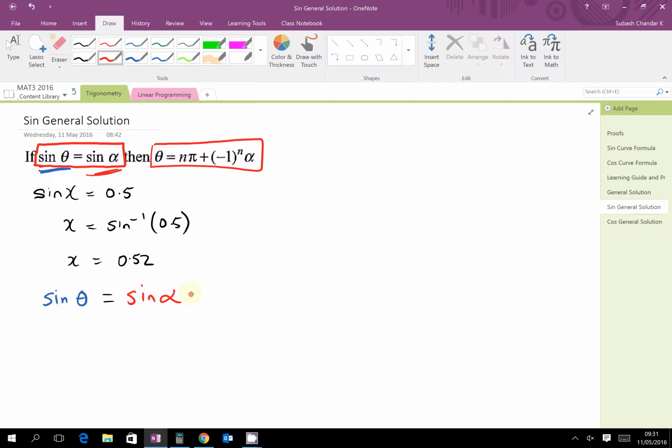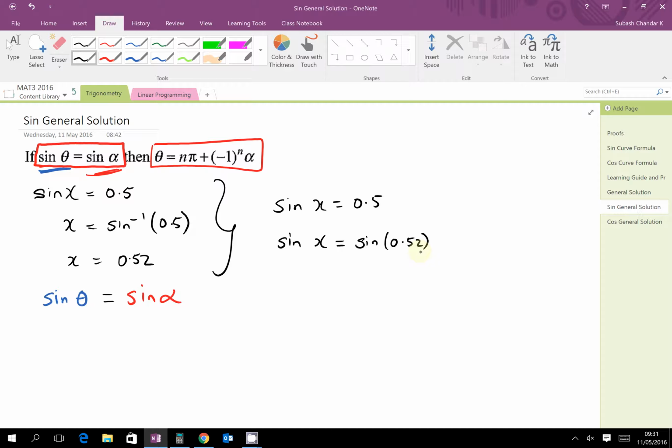But what I actually have from this side is sine of x equals 0.5. Now you just worked out the inverse of 0.5, isn't it? You worked out that it was 0.52. So I can actually write this as sine of x equals sine of 0.52.